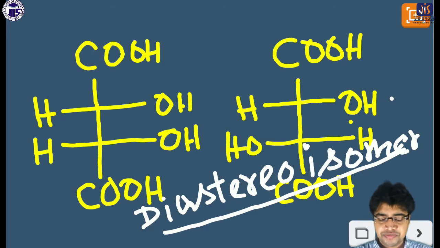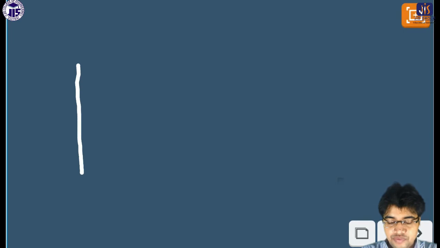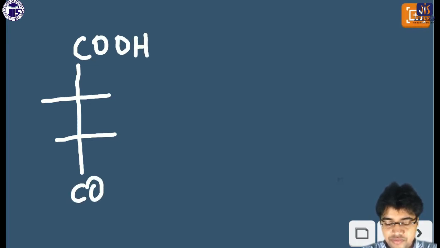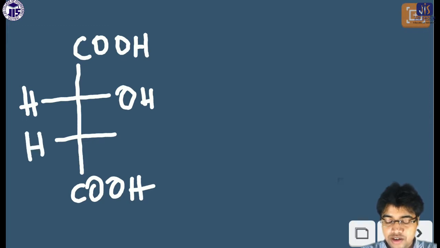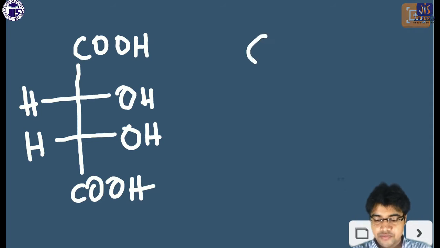Homomer is very simple. If I give you the examples of these two compounds, you have to tell me what the relationship between these two compounds is. If I give you this compound, this is one compound, and this is the other compound.